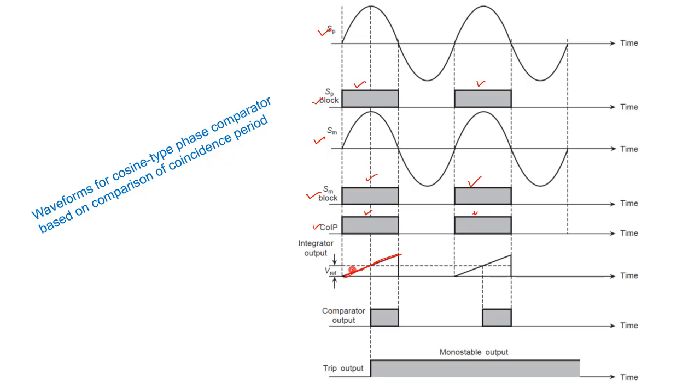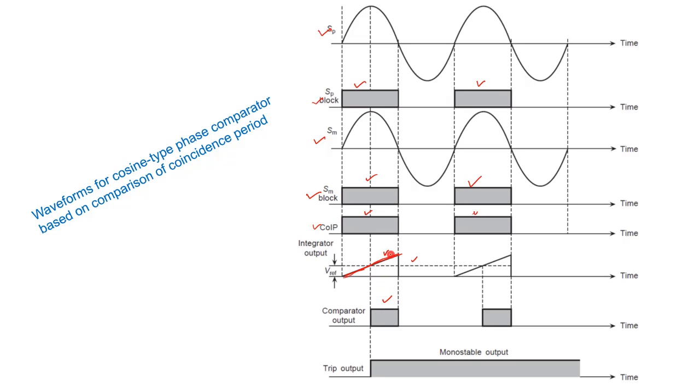And if we compare the V reference value with this, then suppose the phase difference is 90 degree, then obviously it is at the threshold, and if it is greater than 90 degree, obviously your overlapping will be less than 5 millisecond, and under that condition your integrator output should be less than V reference, right, and therefore your comparator output should become 0, but here it is becoming false, because here we can see the integrator output is becoming greater than the V reference for 5 millisecond, right.